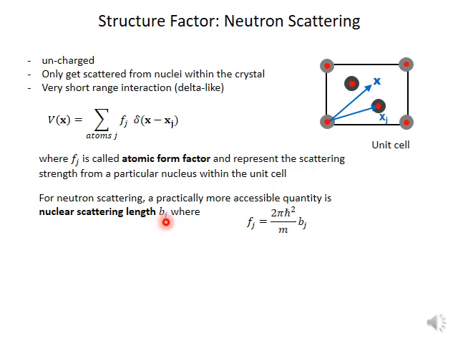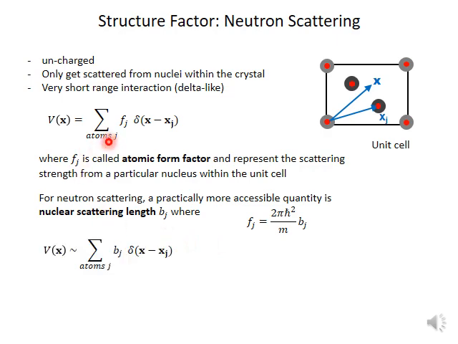So for a certain atom j, this would be b_j, and this form factor can now be represented in terms of this nuclear scattering length, and the form factor will be simply given by b_j multiplied by this prefactor. Why we do this is because in the experiment, what are normally measured are b_j's rather than f_j's. It doesn't matter, once you find b_j, you can also find this form factor as well.